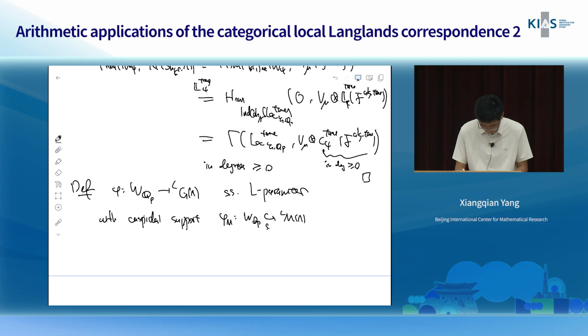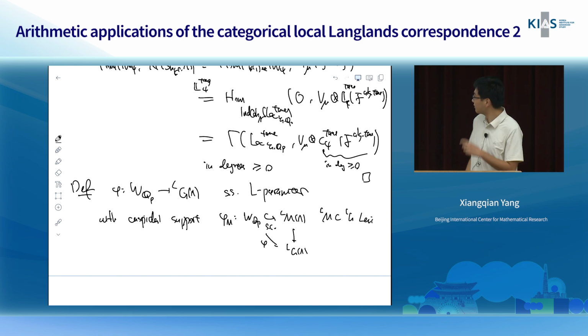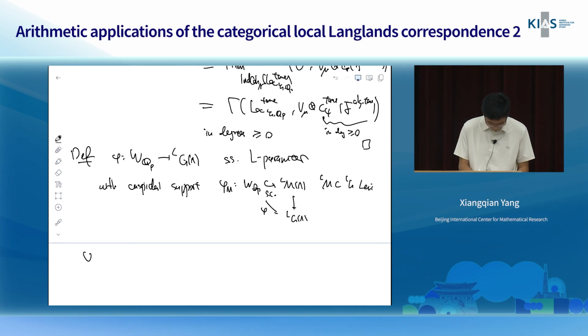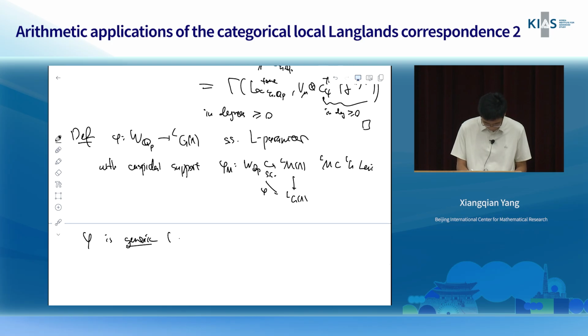So this is the supercuspidal L-parameter, where φ is equal to the composition of φ_M with the embedding, up to conjugation. This is always such a supercuspidal support, and we define φ to be called generic, but maybe Linus would like to call this vaguely Langlands-Shahidi type.